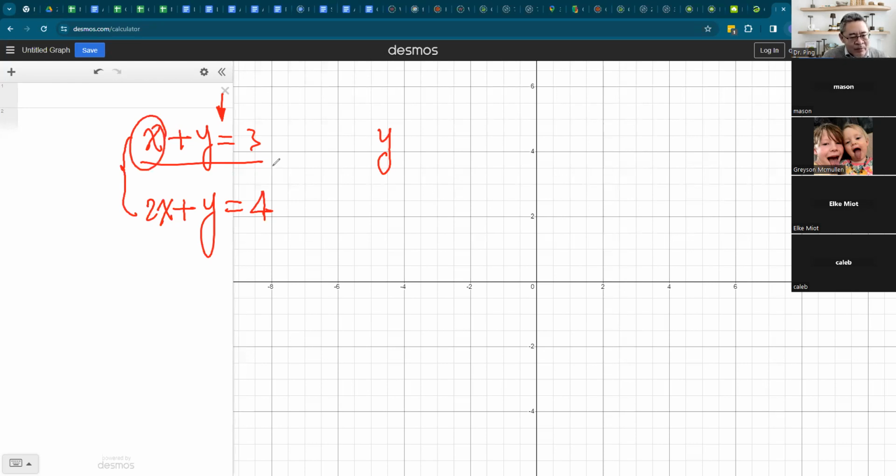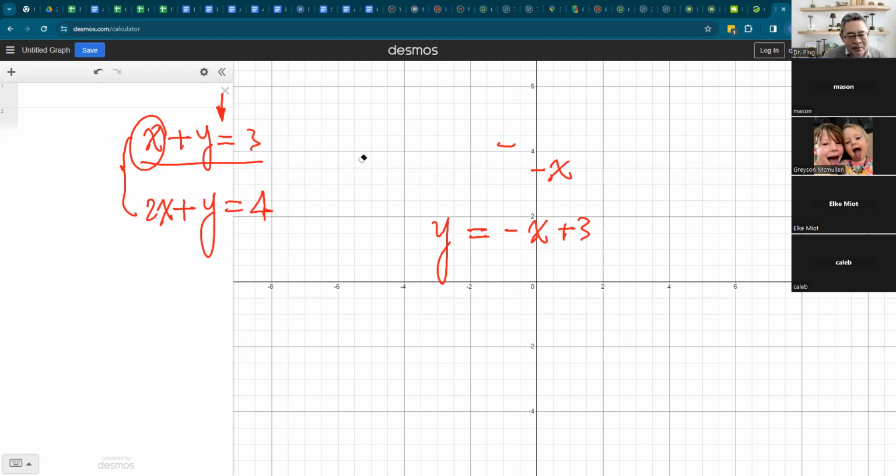So to move that over, we subtract x on both sides. This is called the addition property of equality. Then on this side, x got canceled. So x disappeared on the left and appeared on the right, minus x plus 3. So that is our slope-intercept form.